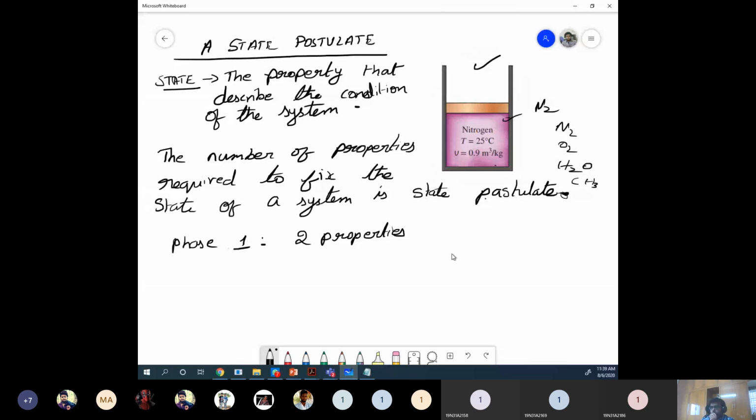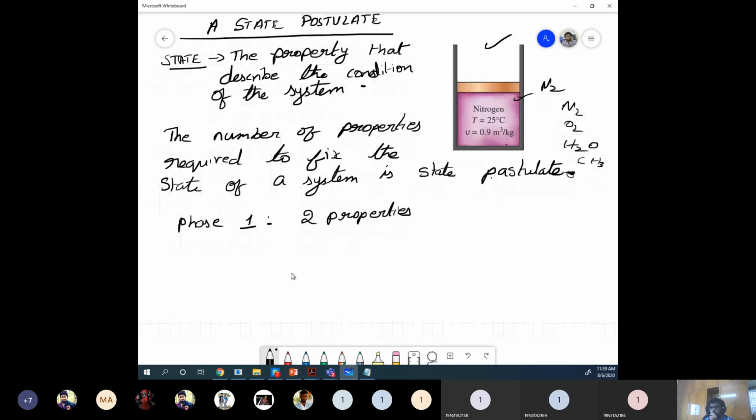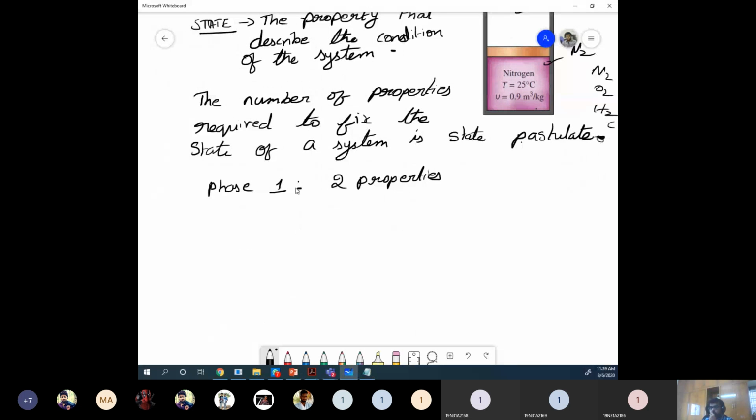Going on next, let's talk about process. What is a process? Any IC engine operation that is going on, you have to define as a process.